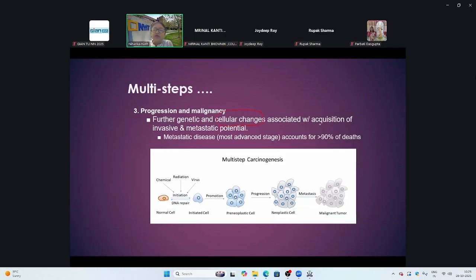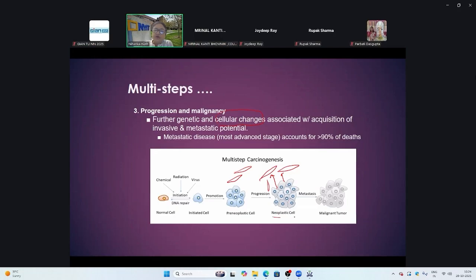If there are neighboring cells here, they're trying to tell all the neighboring cells, okay, I need your help. You're going to have to help me. It's trying to convince all the neighboring cells to support its growth.